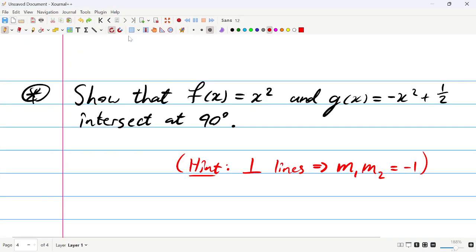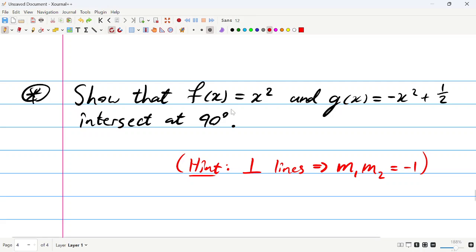All right, so here's your question. I want you to try by yourself, and this one's going to be a little bit interesting, but it's not that bad. Show that f of x equals x squared and g of x equals negative x squared plus a half intersect at 90 degrees.